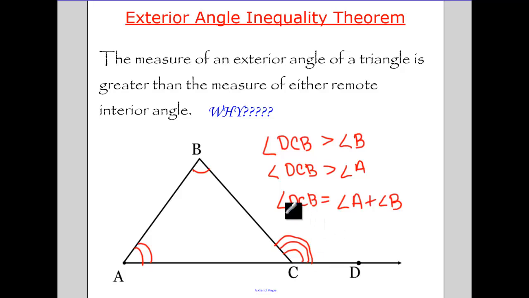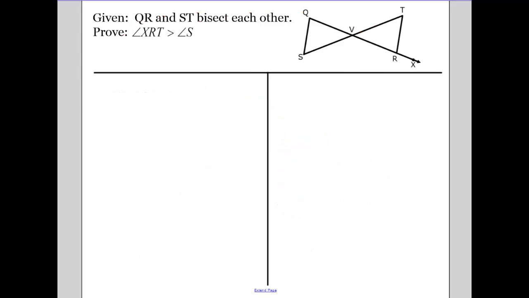So therefore, DCB, the exterior angle, has to be bigger than either one of those two inside of it. Okay, our proof. And please make sure you have this proof written down.